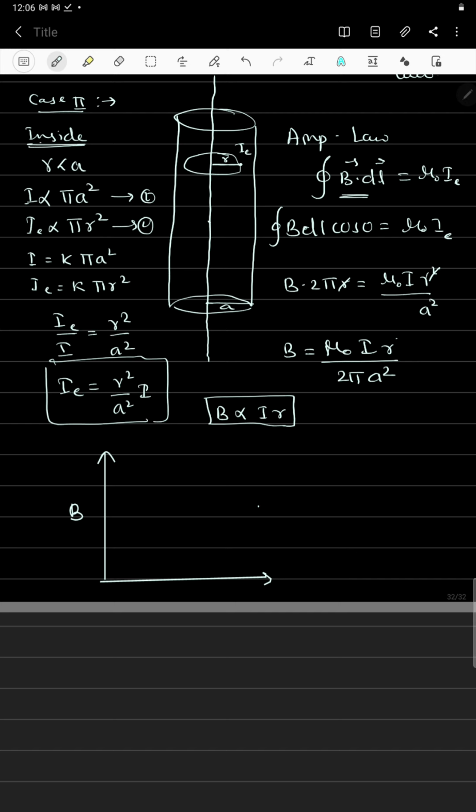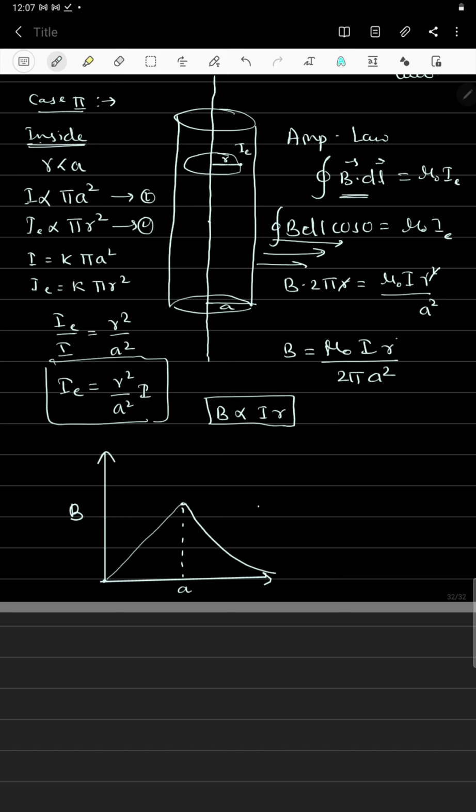At distance 0, the magnetic field is 0. If you increase the distance, the magnetic field also increases linearly up to the distance A. And if you move away from the conductor, it becomes reciprocal of the distance, so the magnetic field decreases.